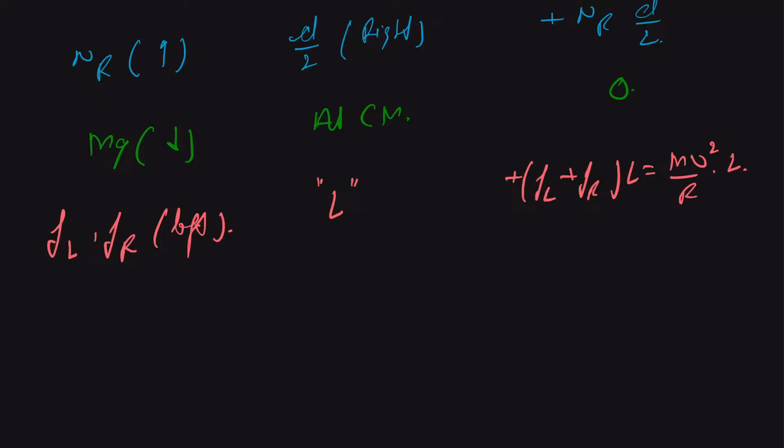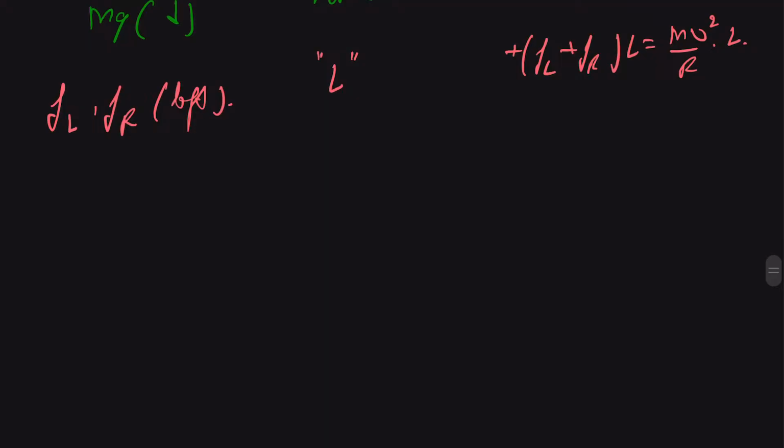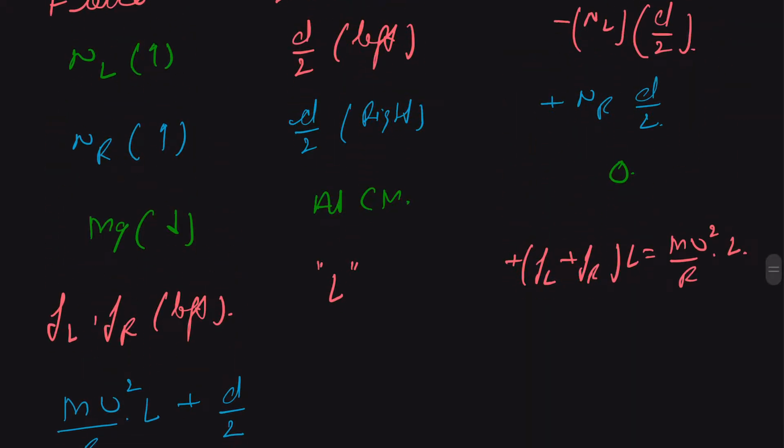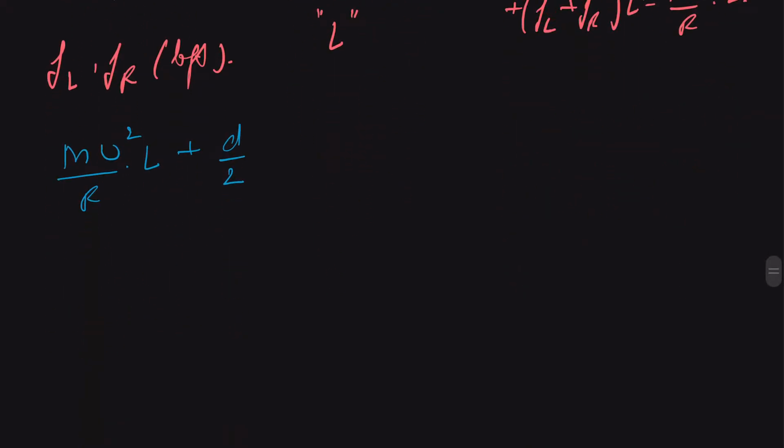So now we can write the equation, summing that torque should be equal to 0. So we can say that mv square upon r times L plus d by 2, which we can take common from our normal torques, times NR minus NL is equal to 0.